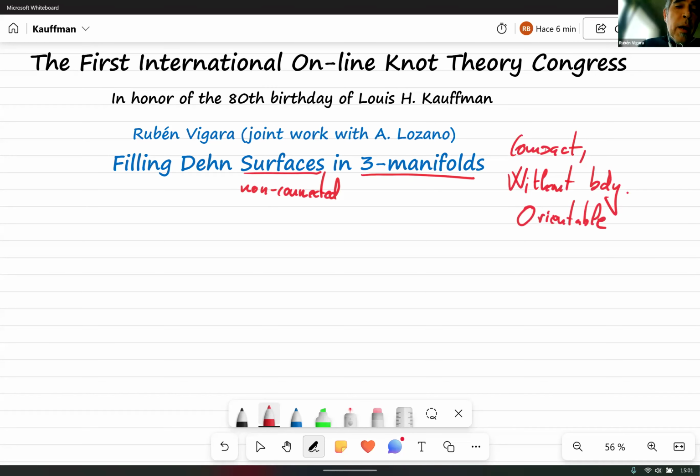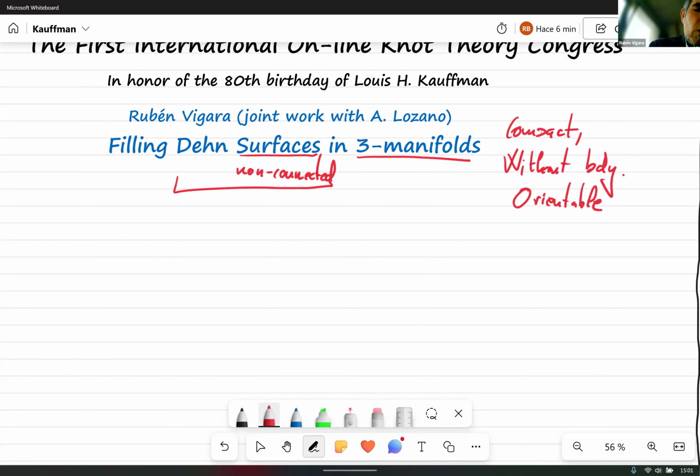So, what is a dense surface? Okay, a dense surface is the image in a three manifold of an immersion in general position. So imagine that M is a three manifold.